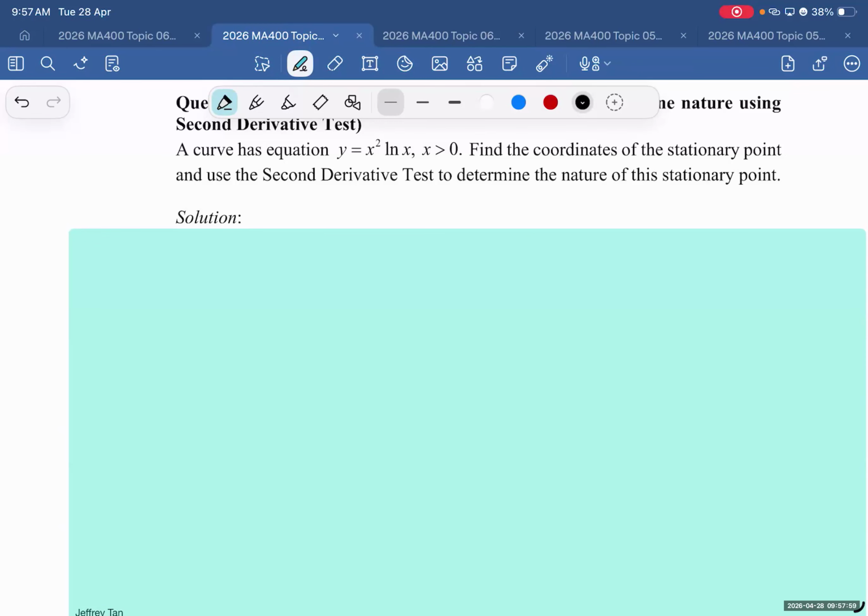So after that, dy/dx is basically 2x ln x, differentiate the left, you differentiate the right, which is 1 over x. So this is x bracket 2 ln x plus 1.